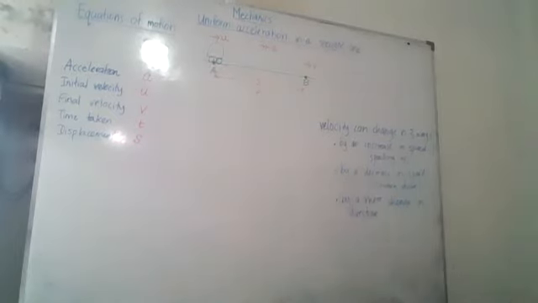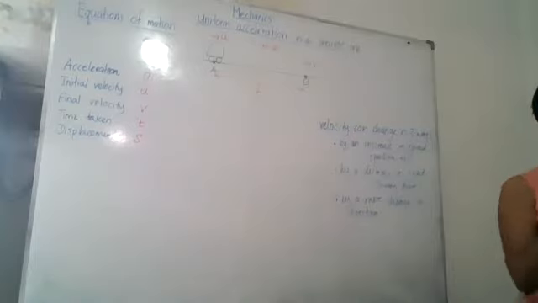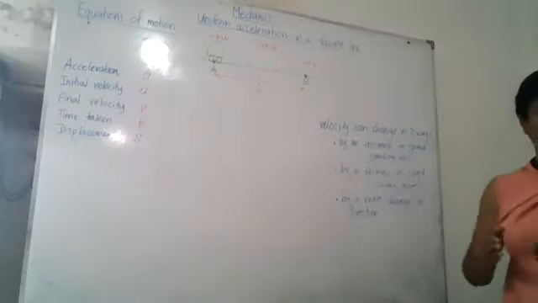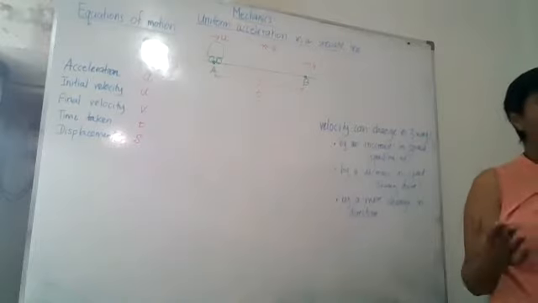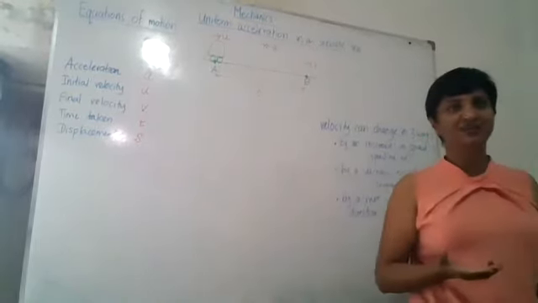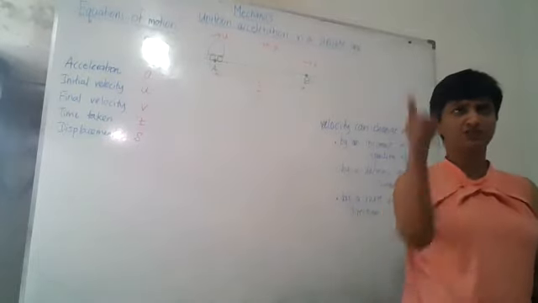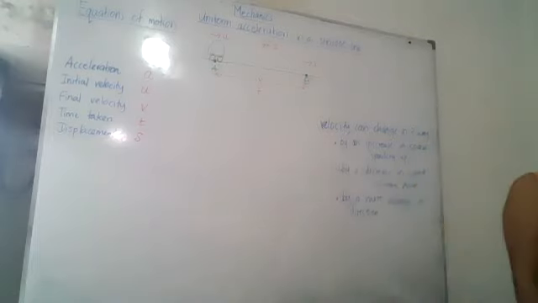You study objects that are moving in a circle at a constant speed, say 5 meters per second. But you are going in a circle, so every moment you keep changing the direction. That means you are accelerating. We are not used to saying that something is accelerating if the speed is the same, but no, the direction is changing, so it is accelerating.